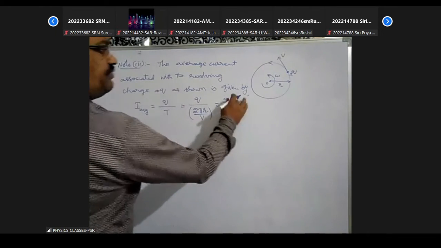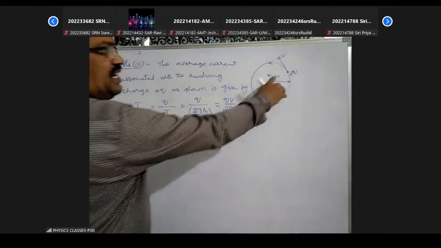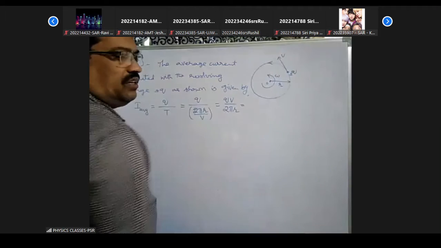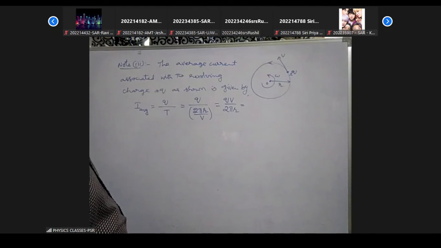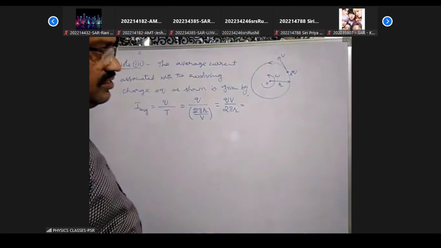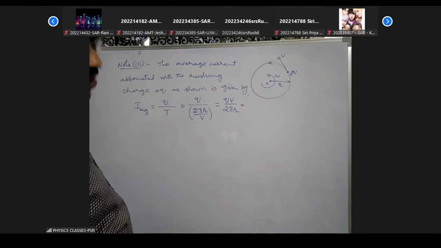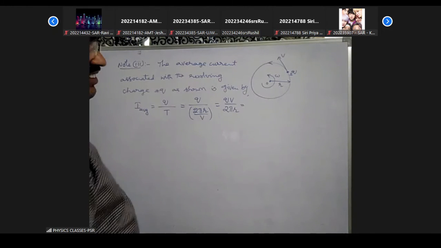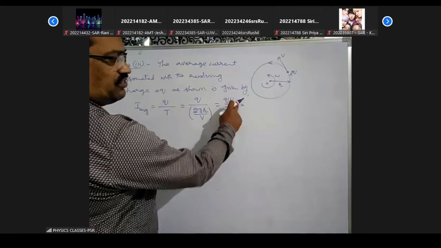But what is the relation between V and omega? From rotational motion, the relation between V, omega and r is V is equal to r omega.